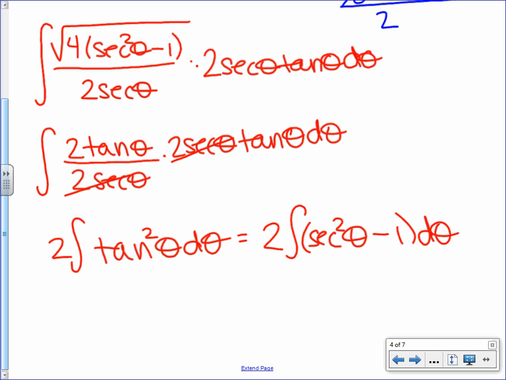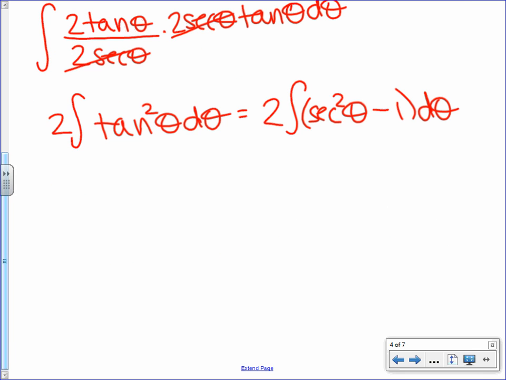Oh, okay, yeah. Right? Because we know secant squared, we know its antiderivative, don't we? So when we perform this integration, we get 2 tangent theta minus 2 theta plus c.